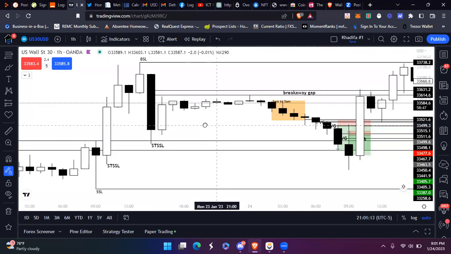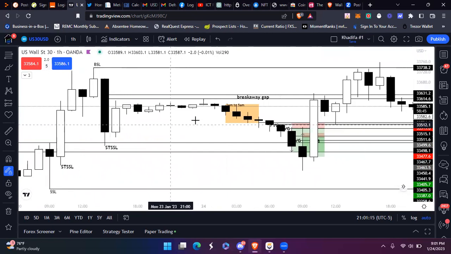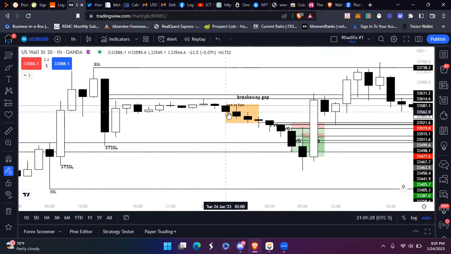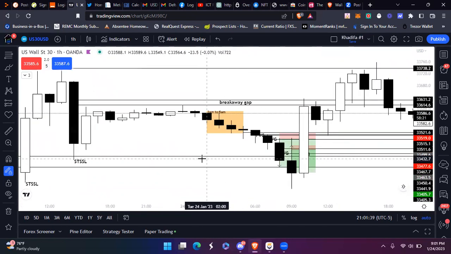When I get up in the morning around 5:30, you can see this morning price was around here. I go ahead and identify the London range, which is formed between 2 a.m. and 5 a.m. Eastern Standard Time.